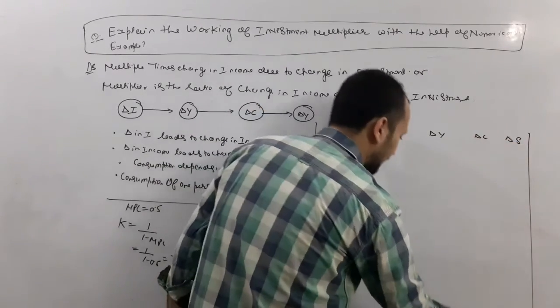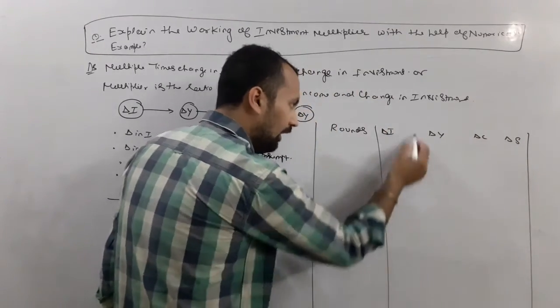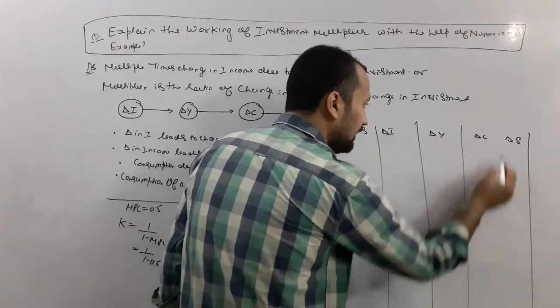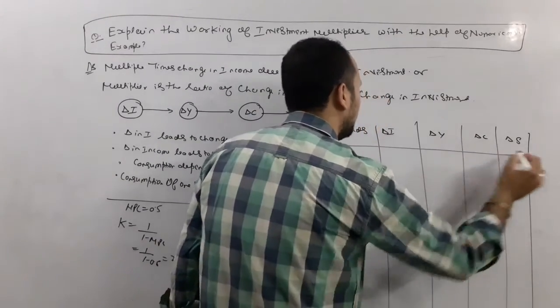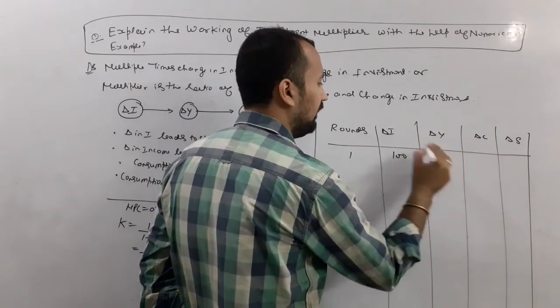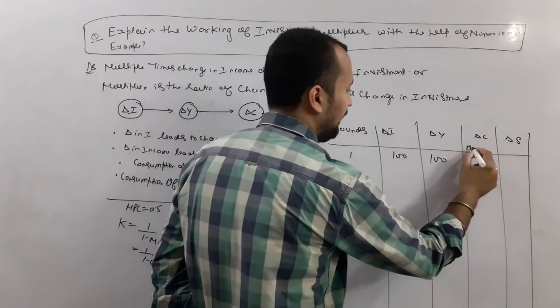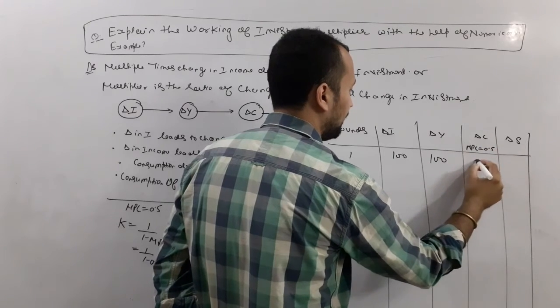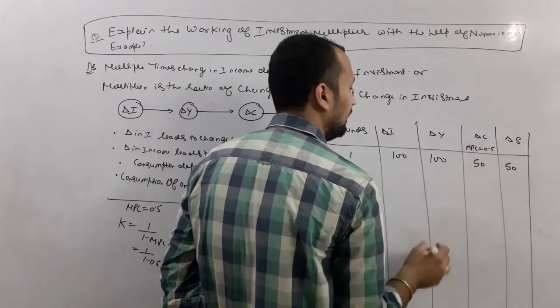In the first round, change in the investment is 100 crore, so the change in income is also 100 crore. MPC is 0.5, which means half is consumed and half is saved.